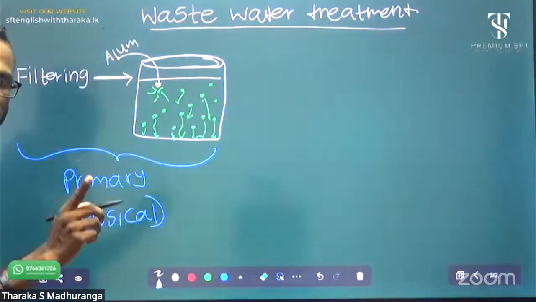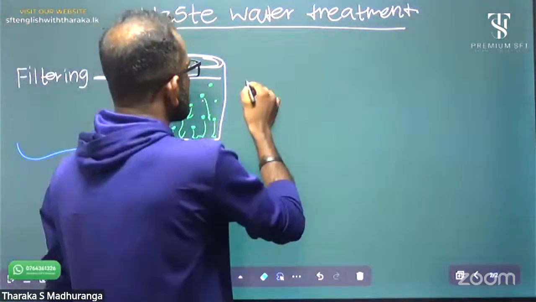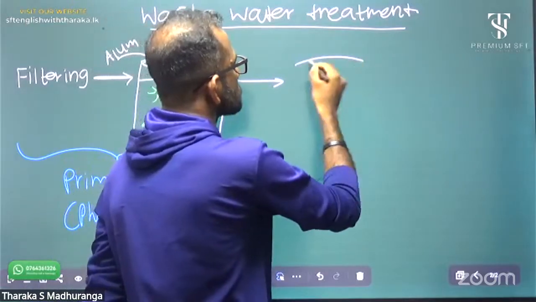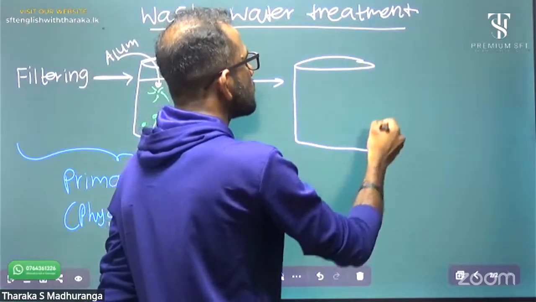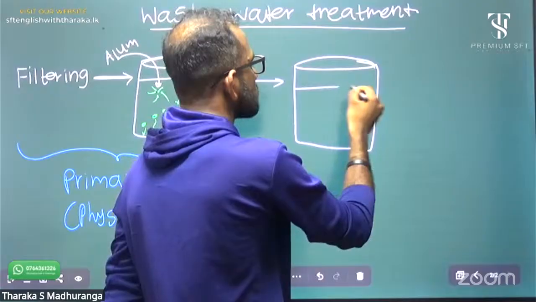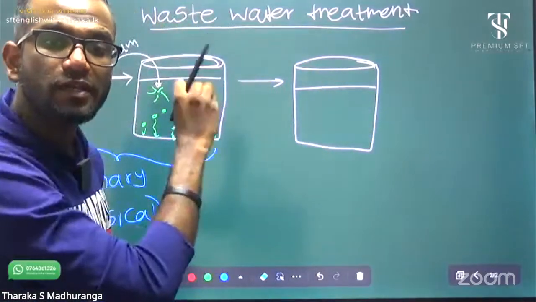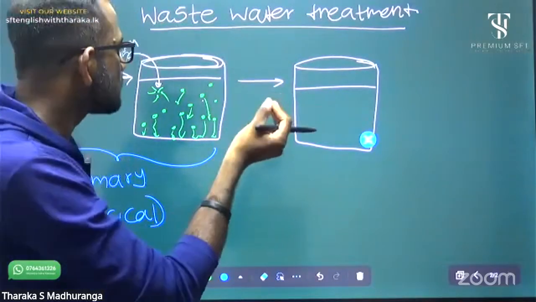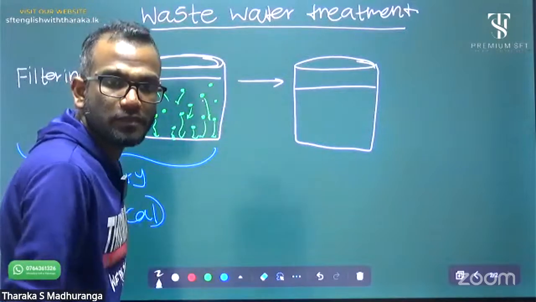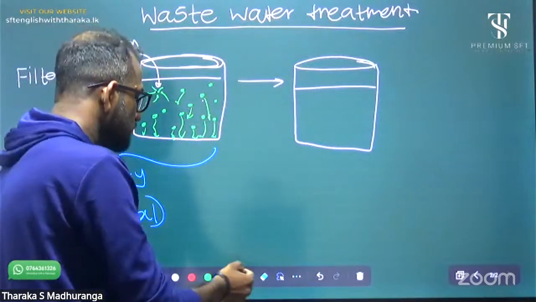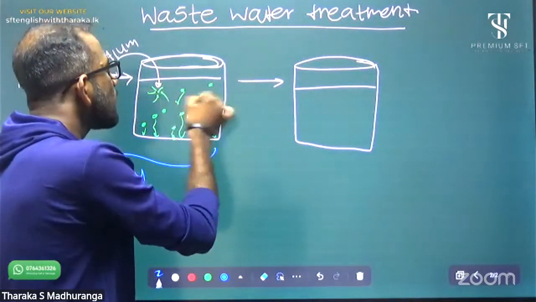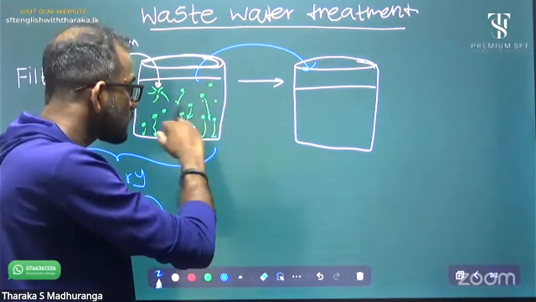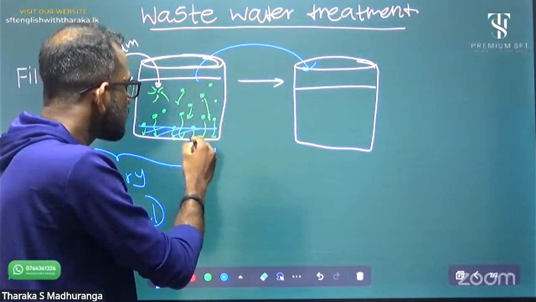In the secondary treatment, we have to introduce a specific microorganism. Now, in the primary treatment, just insoluble compounds, floating dust particles, we can remove. Then after they precipitate, the above part of the water we can separate, not the sludge.